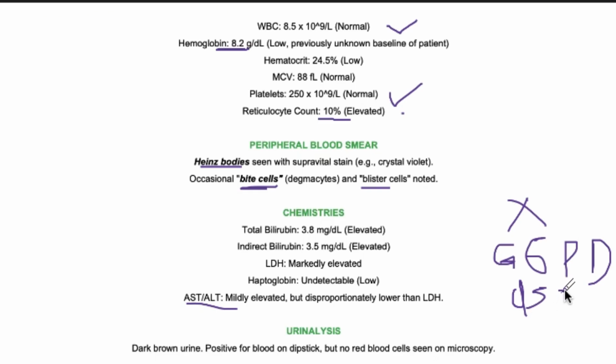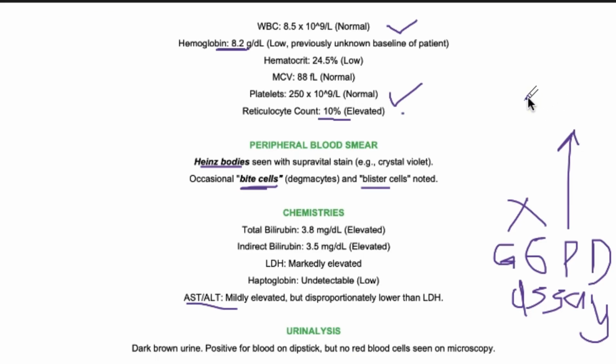This will result in a normal or near normal test result, even though the individual has G6PD deficiency. So ideally, it is recommended you wait for a month or two after the hemolytic episode before you run the G6PD enzyme activity assay.